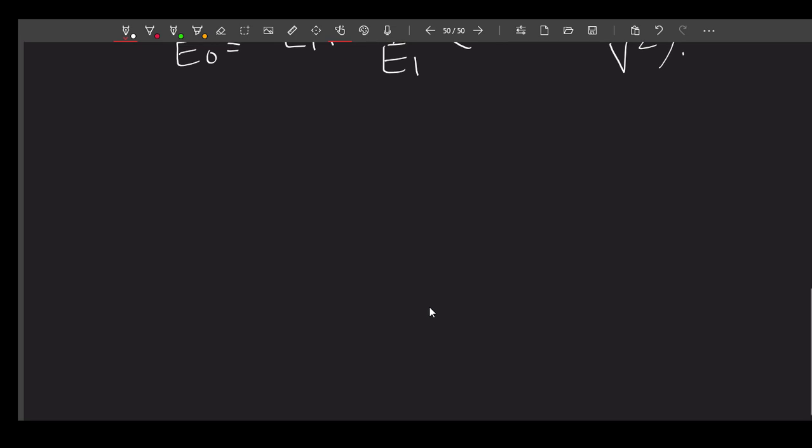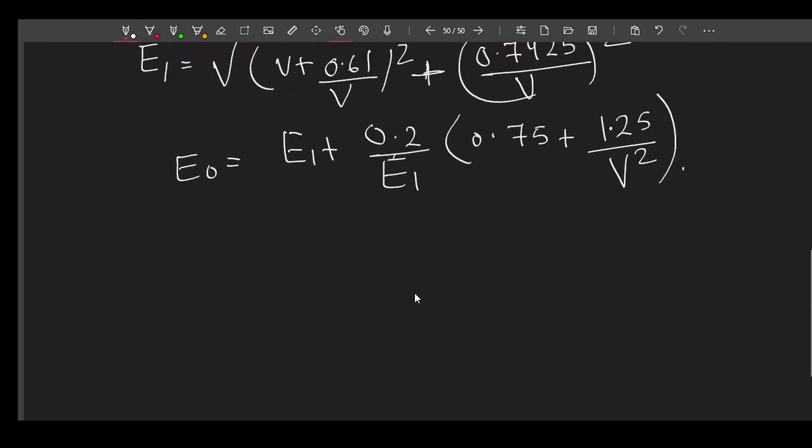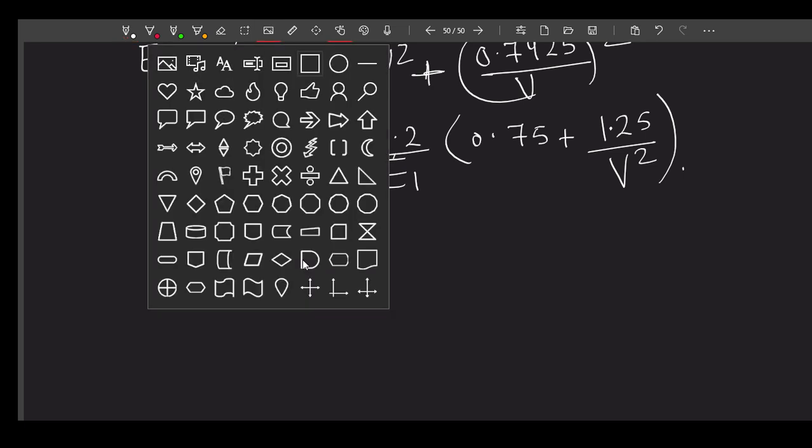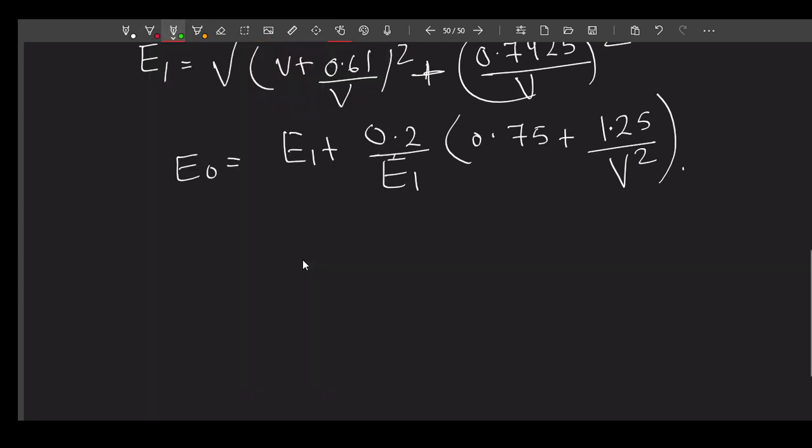Now let us do that calculation. We will take many values here. Is there any table available? No. So just let me draw a table.